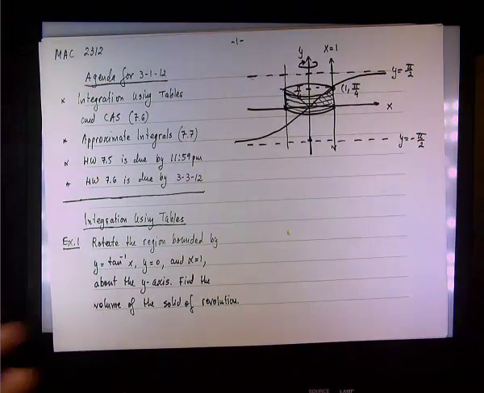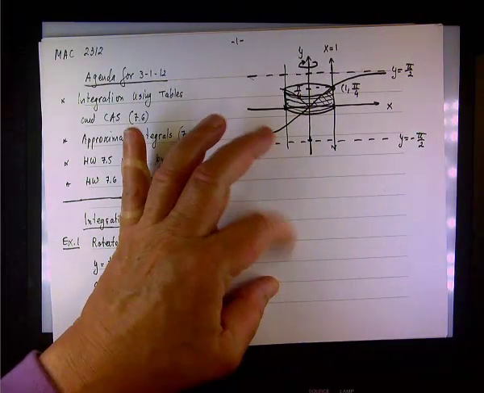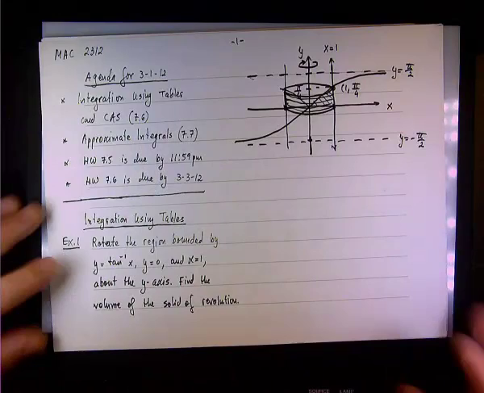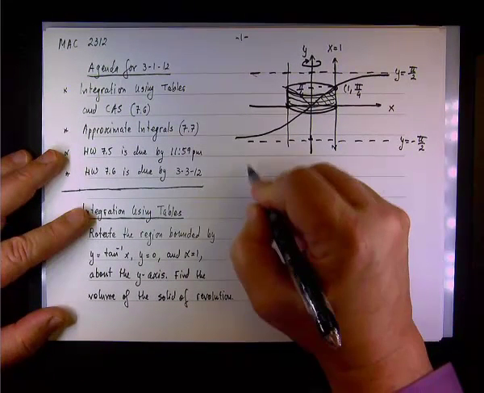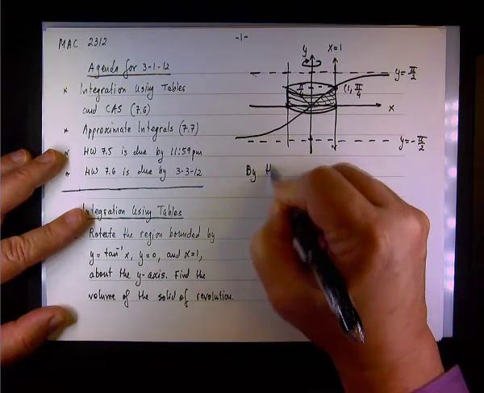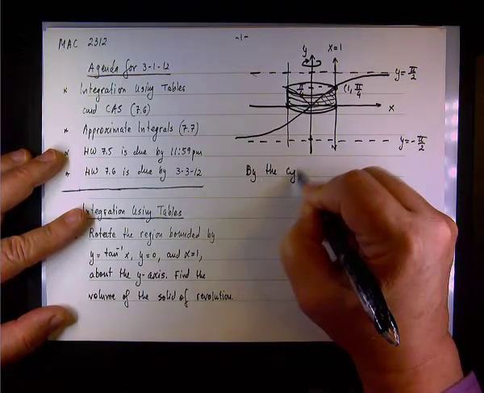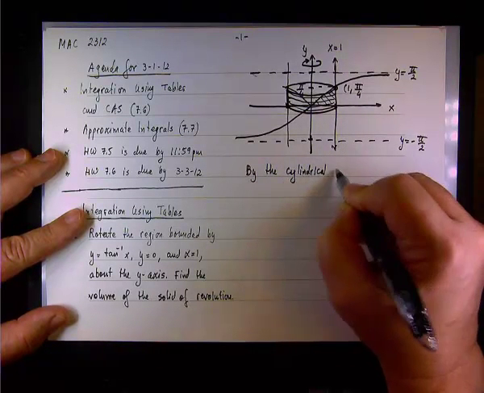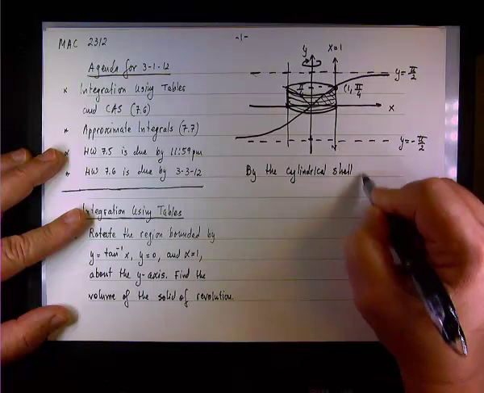I keep saying the volume, but this is the solid of revolution. And because of the cylindrical shape of the solid, it stands to reason to use the cylindrical shell technique.